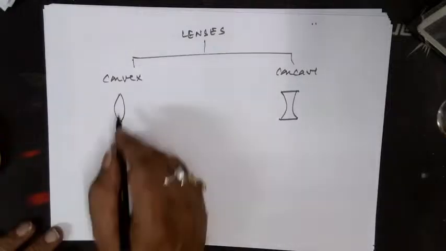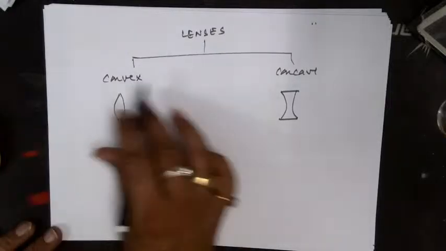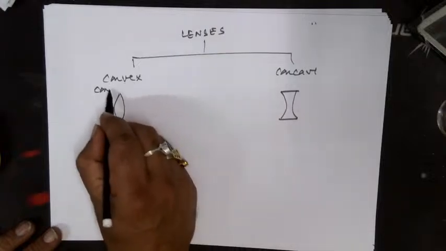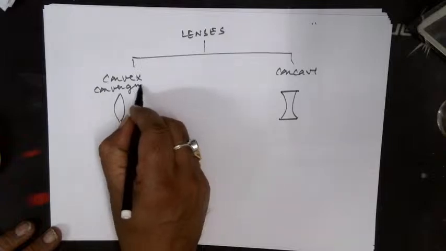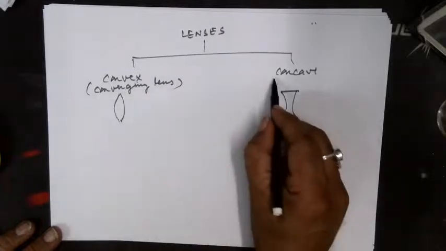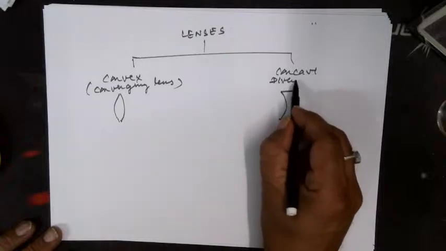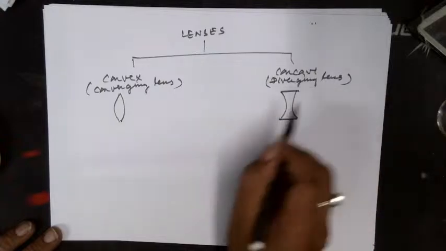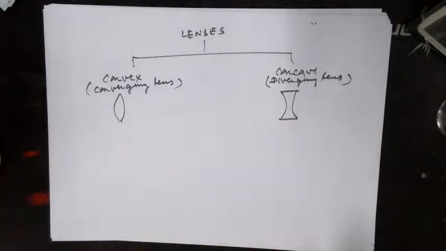In fact, here it converges all the beam, so it can also be called a converging lens. And this is called a diverging lens because it scatters, spreads.